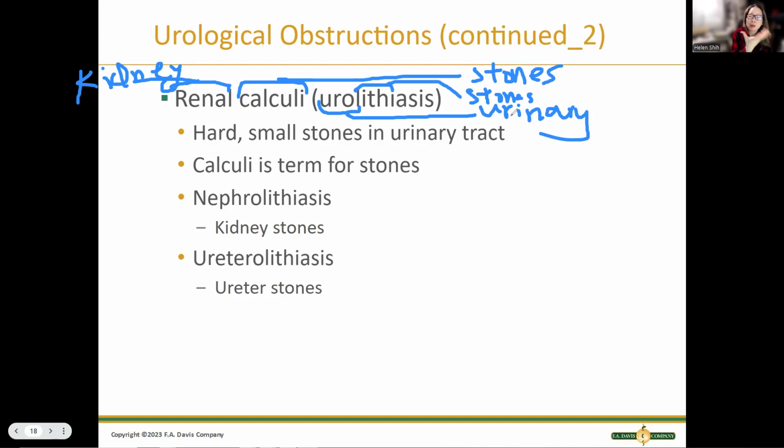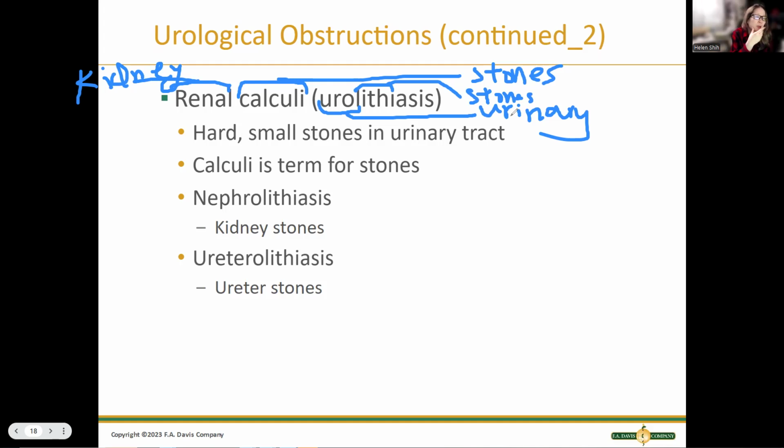Renal calculi really refers to stones made in the kidney that are mostly made of calcium, but you can have stones in other parts of your body, and they are not always necessarily made of calcium. And so urolithiasis is a more broad term describing stones occurring anywhere in the urinary system.